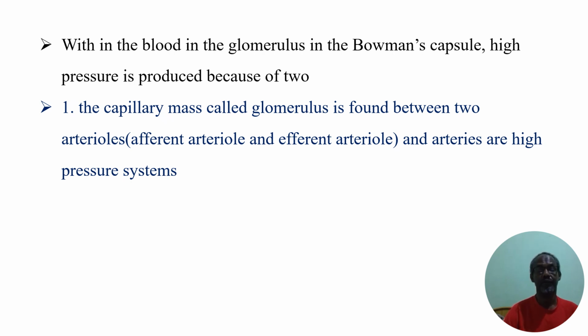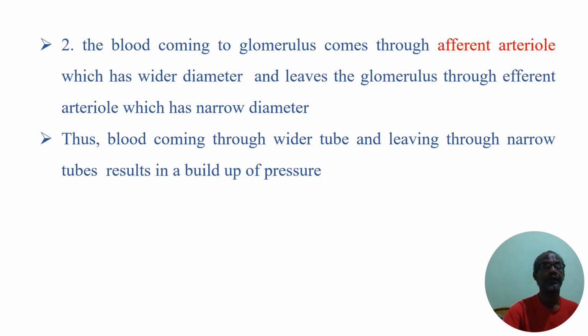The second reason is that blood comes to the glomerulus through the afferent arteriole, which has a wider diameter, and leaves through the efferent arteriole, which has a narrow diameter. Thus, blood coming through a wider tube and leaving through a narrow tube results in a build-up of pressure.